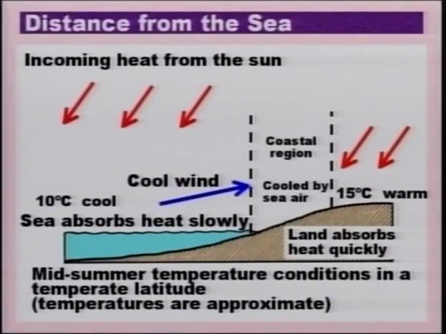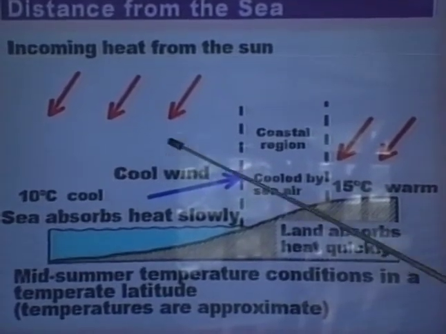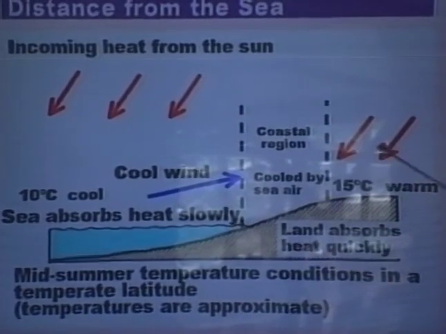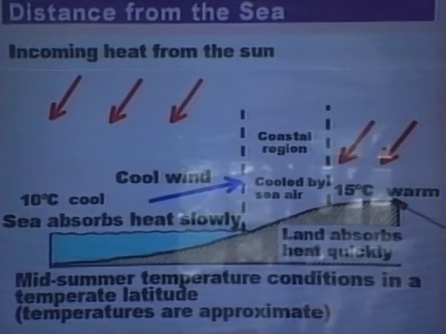If we look at the diagram here showing us information on mid-summer temperature conditions in a temperate latitude, we note that the land heats up quicker compared to the sea. And because the land heats up quicker, it absorbs heat quickly.